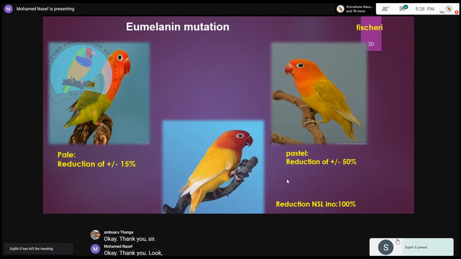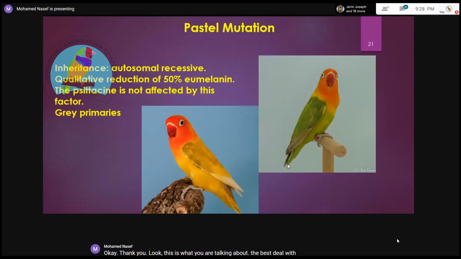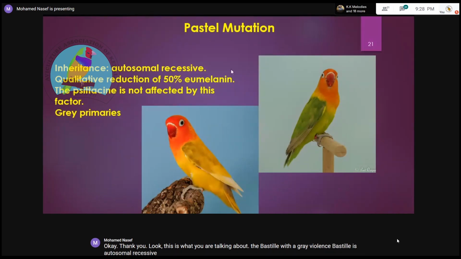Look, this is what you are talking about. The pastel with gray primaries. Pastel is an autosomal recessive mutation. It's a qualitative reduction.